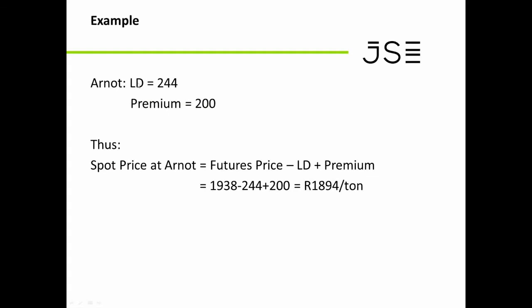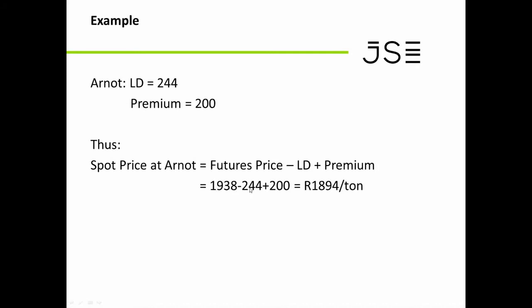So you see here that the location differential is 244. The premium that the buyer is willing to pay is 200 Rand per ton. Therefore, the final price, or the cash price in the pocket of the seller, would be your futures price minus your location differential, plus the premium as an additional income to the seller.